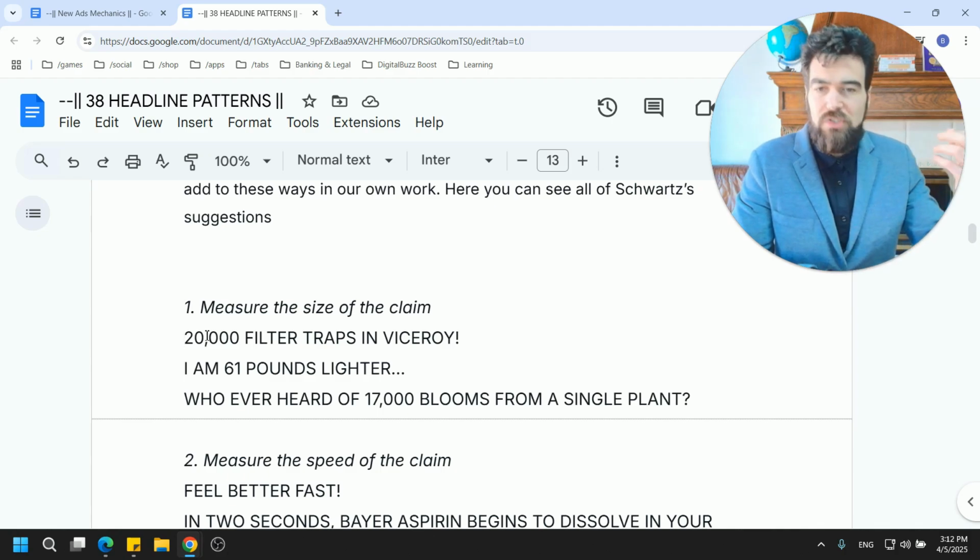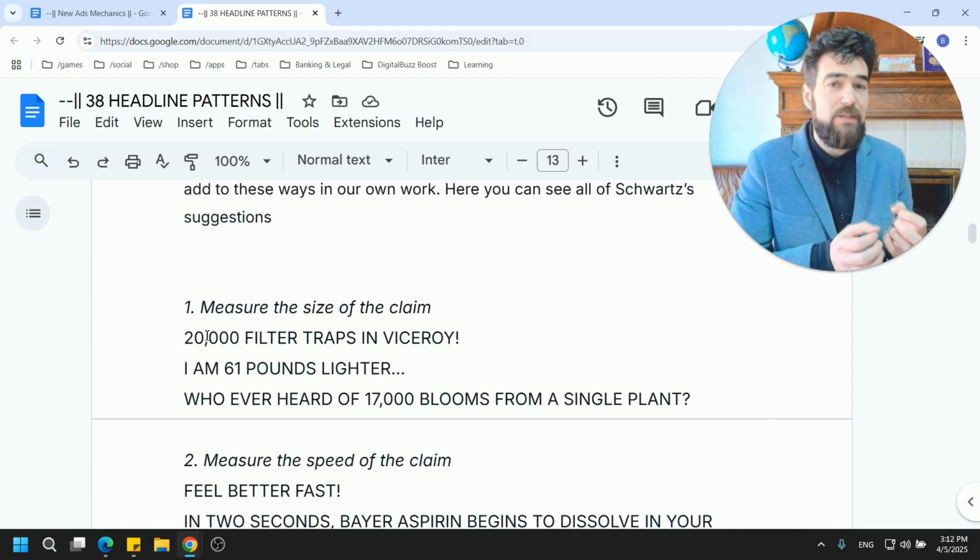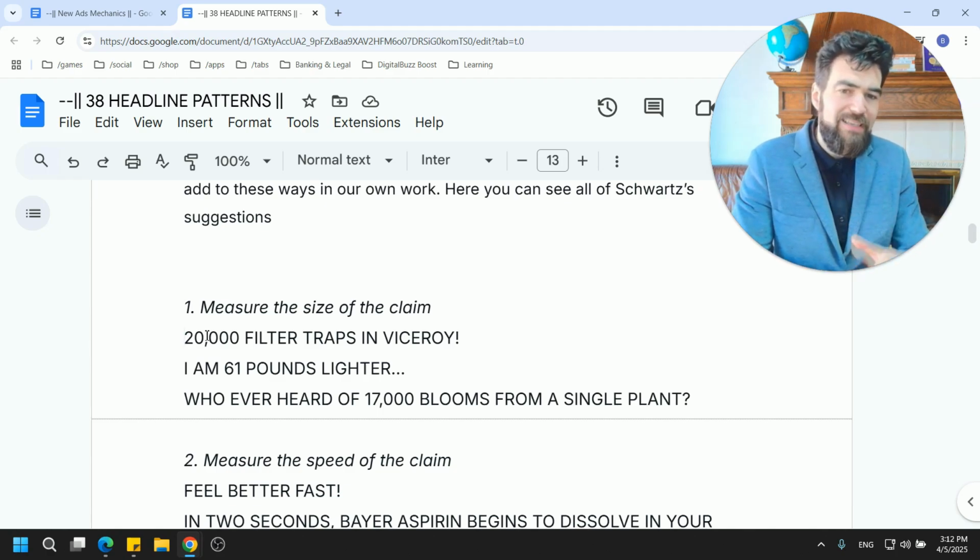And so just by measuring the size of something, we can sometimes make it seem a little bit more appealing. But this is like simple things, but if you don't think about that, then you might not have the creativity to create headlines that perform a little bit better.